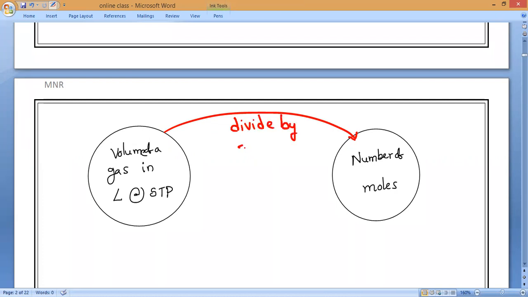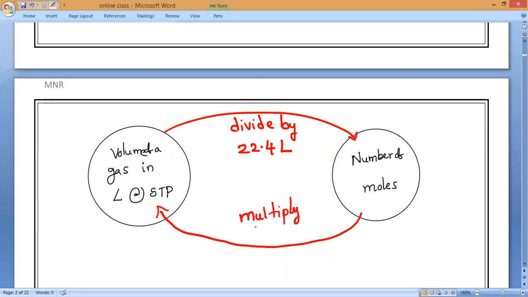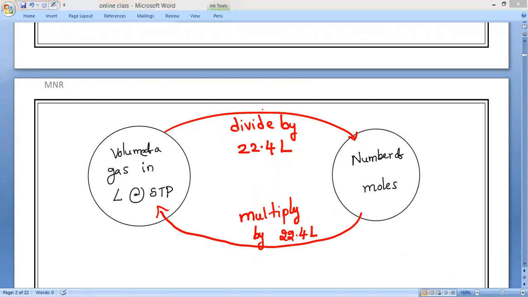Anybody can tell what is that? Harish? 22.4 liters. If I want to get number of moles into volume, just what we have to do, guys? Multiply by 22.4 liters. That's how it is. So please make it. You have to remember this.